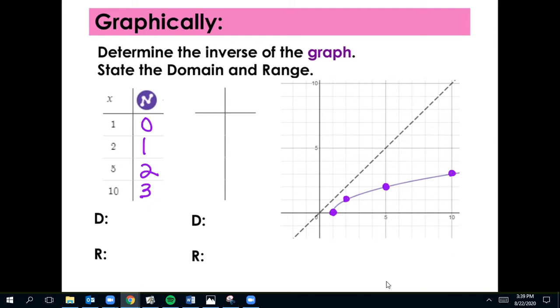And what the inverse will look like when we switch, still using x and y so it's conventional, is I'm going to write all of the y values in the x column and all of the x values in the y column. And now we'll plot those ordered pairs: (0, 1), (1, 2), (2, 5), and (3, 10). And then I'll do my best to connect those.